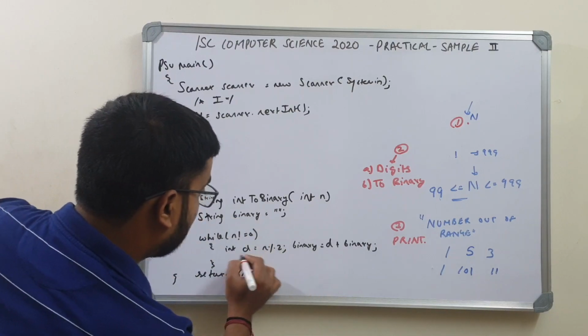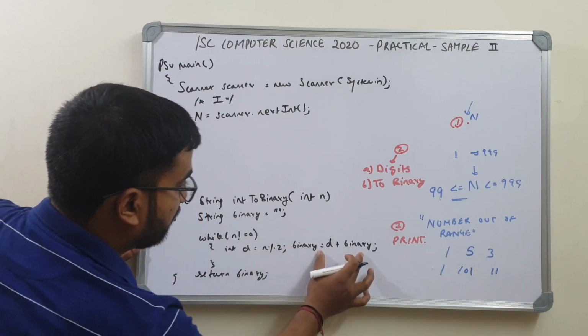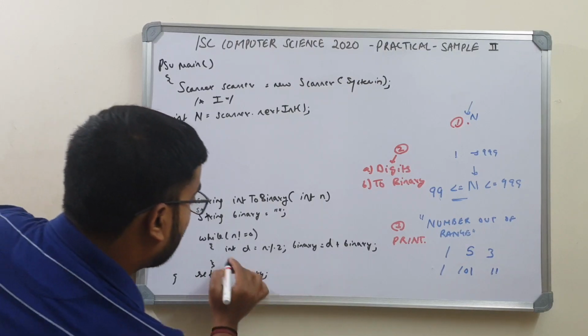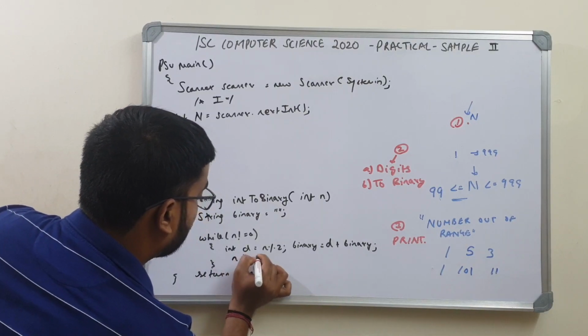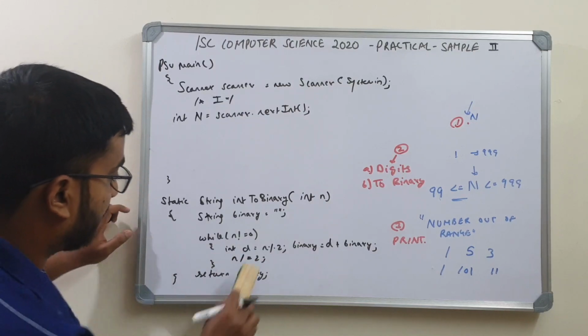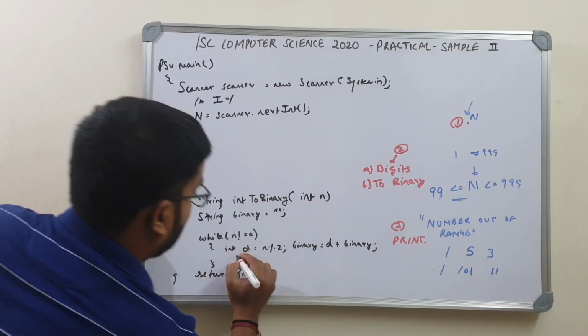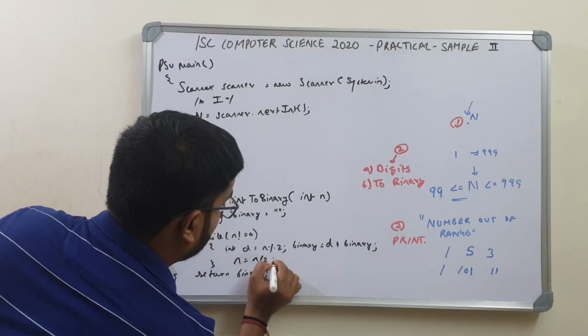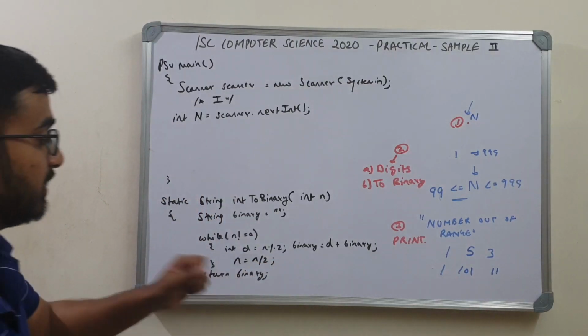The space is less, that's why I'm writing two statements like this. And finally you are going to do n /= 2, which is the same as n equals n by 2, or just to be clear, I'll make it n equals n/2, right? And then you finally return binary.